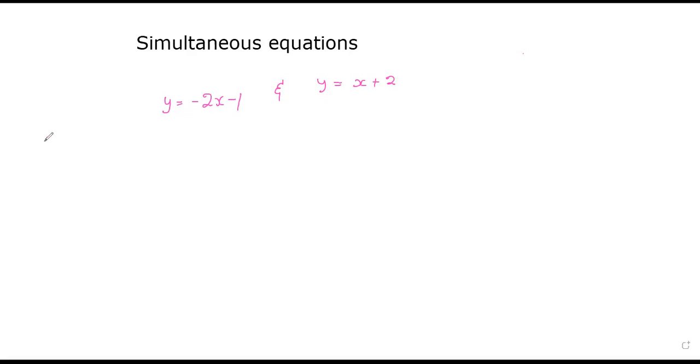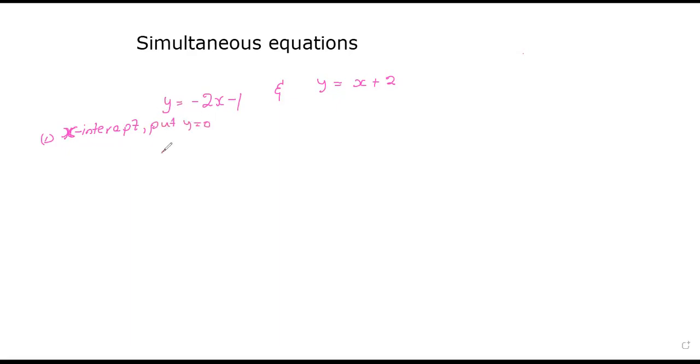Now, revision. We said we look for the x-intercept. When we do that, we put y equal to 0.